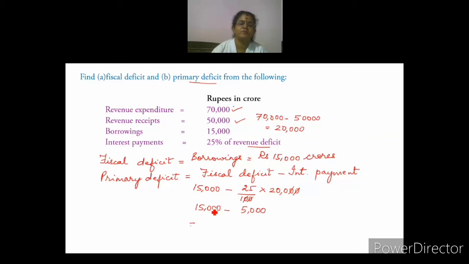So 15,000 minus 5,000 is 10,000 crores. Therefore, the answer is 10,000 crores. Primary deficit is 10,000 crores. Fiscal deficit is 15,000 crores.